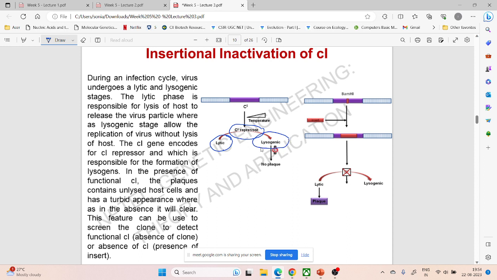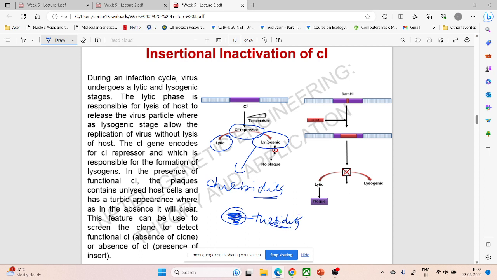Because the virus is following a lysogenic cycle, there would be turbidity observed. Why? Because in the lysogenic cycle, the virus is not able to completely kill the host. And because the bacteria are not completely killed, in the plate clarity would not be there, there would be turbidity.